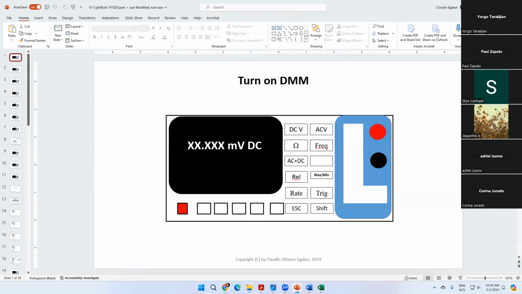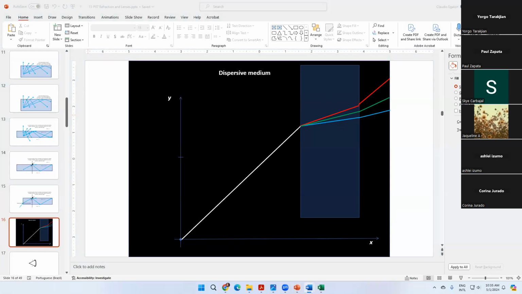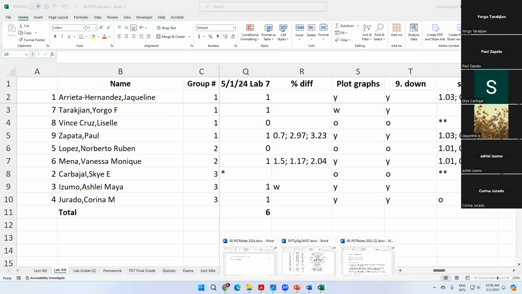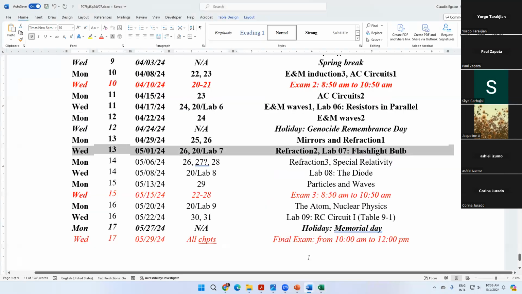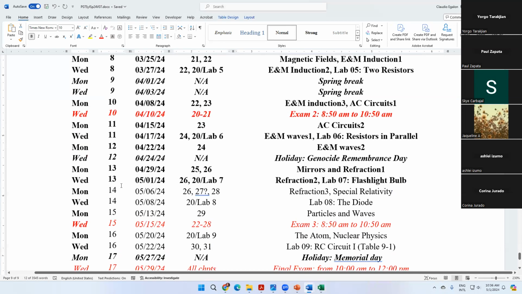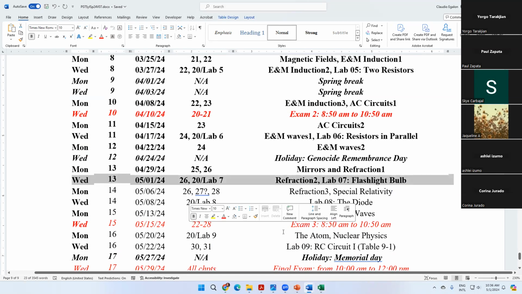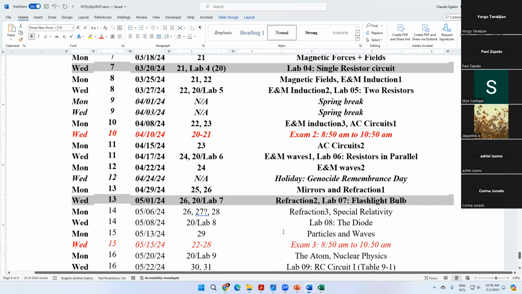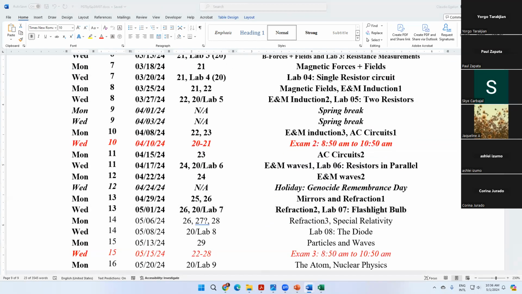Like I said, this lab is very similar to lab number 4, the one with a single resistor, with one important difference. And there's a very important difference here.